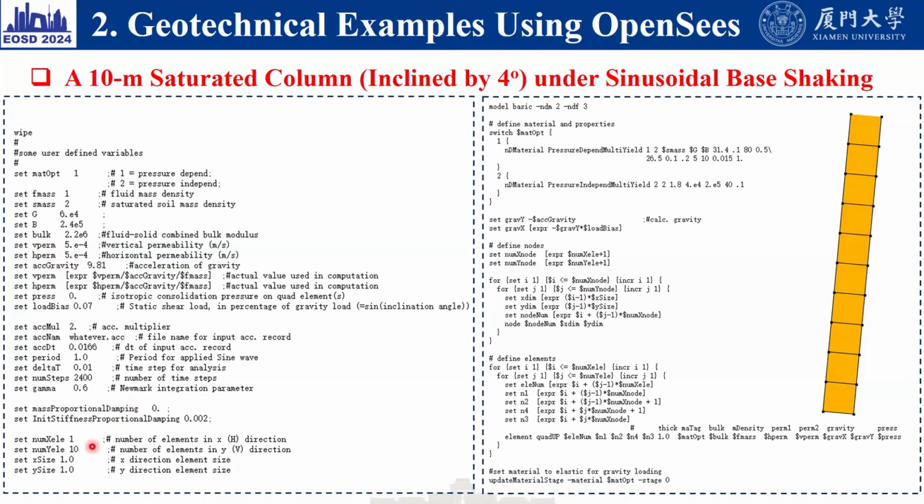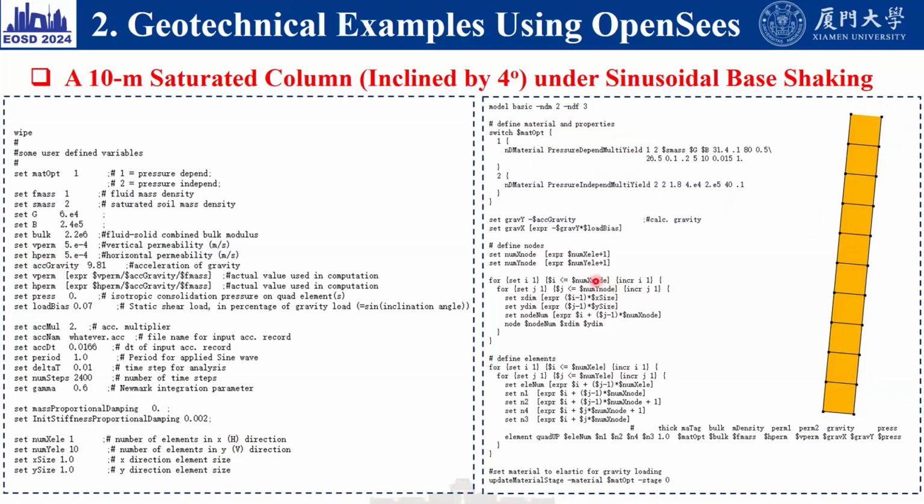For this modeling, we use 10 elements with only 1 meter in the X direction and Y direction. So this is the soil column, 10 meter depth, 10 elements. Now you are ready to create a model. We use the pressure-dependent multi-yield surface model, and this is for saturated soil analysis.